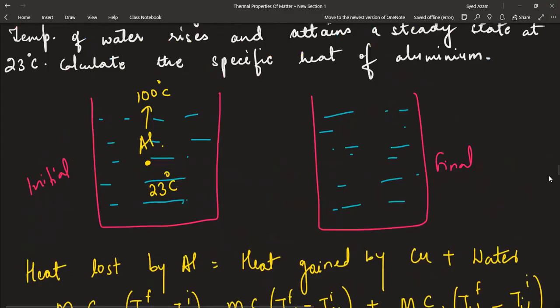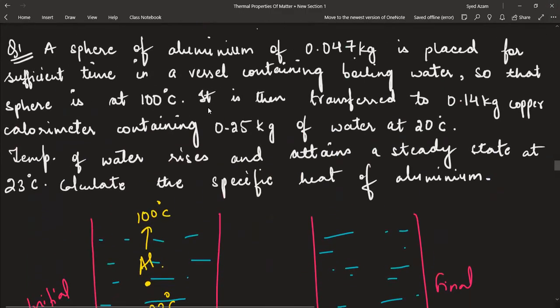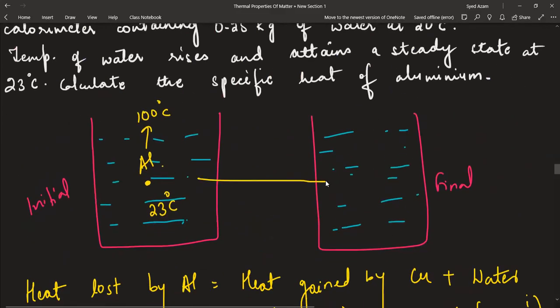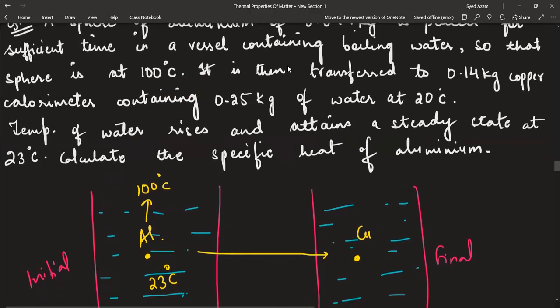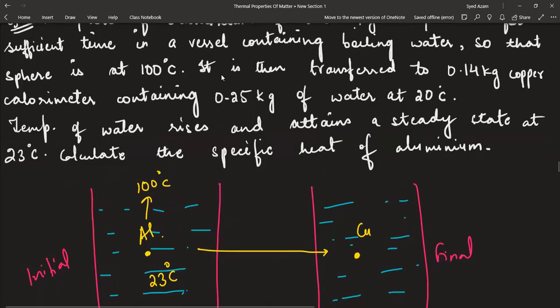This is what it is doing. Then it says it is transferred to a copper calorimeter. Let's say this is the copper calorimeter. And then what is happening? The sphere is at 100 degrees.